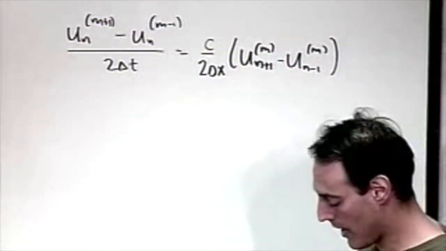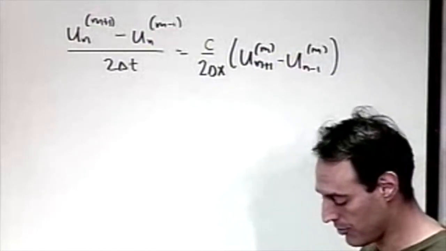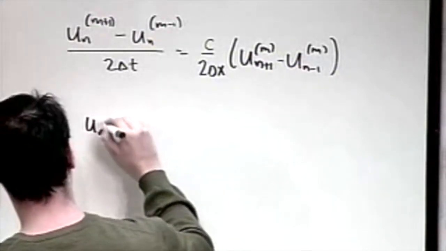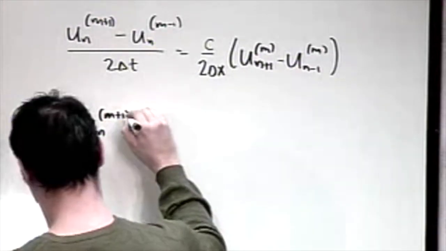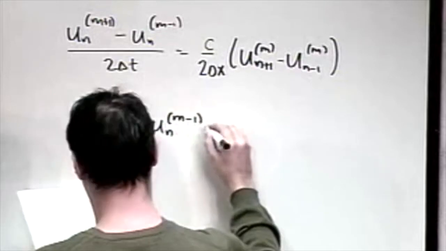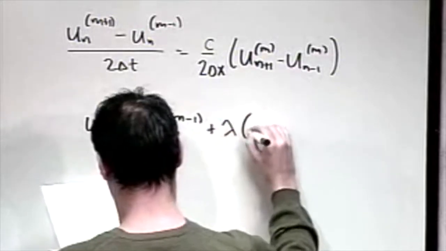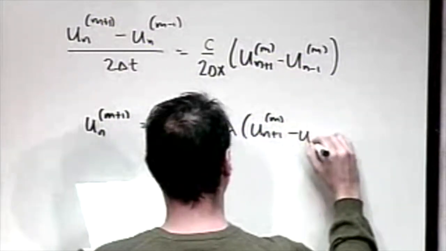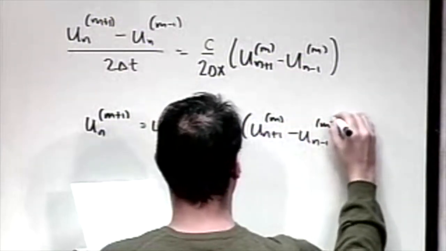So again, if we want to write this as an algorithm for predicting the future, you would rearrange this to be the following. u of n, m plus 1 is equal to u of n, m minus 1 plus lambda, u of n plus 1, m minus u of n minus 1, m.